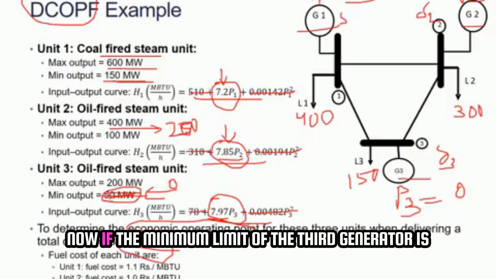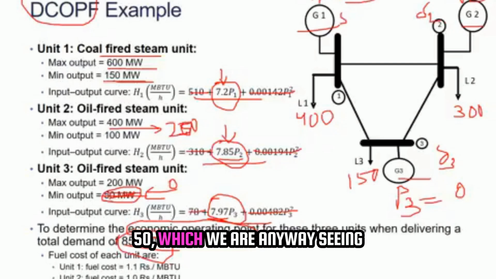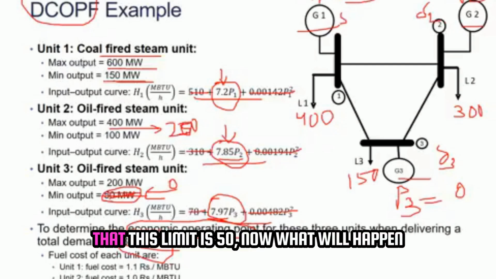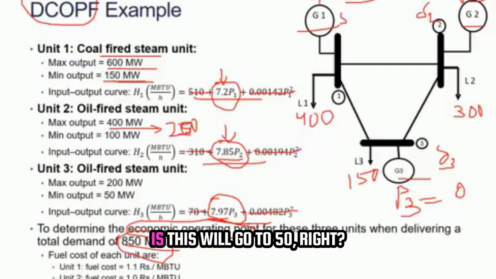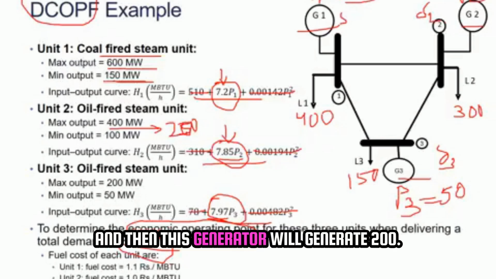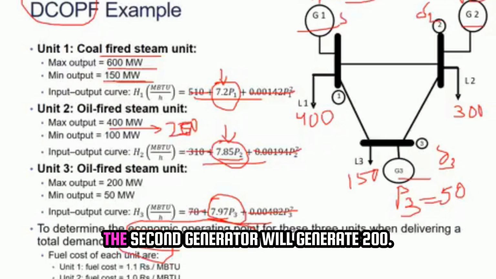Clear? Now the minimum limit of the third generator is 50, which we are anyway seeing here. So this will go to 50, because we cannot go below 50. It has to remain at 50, and then the second generator will generate 200.